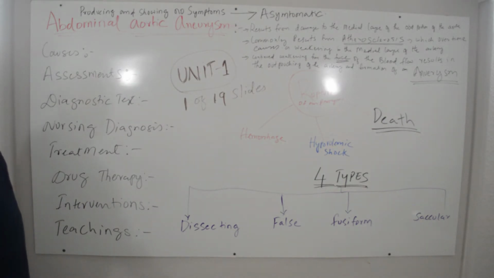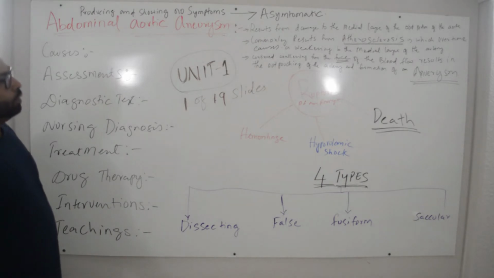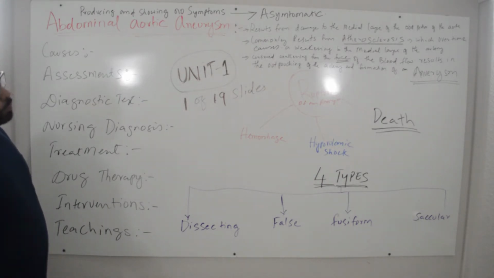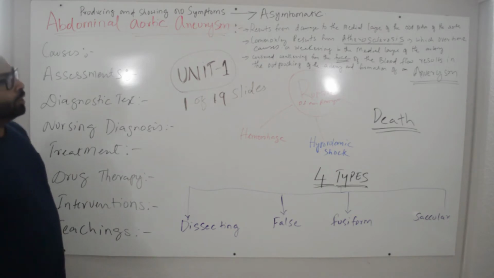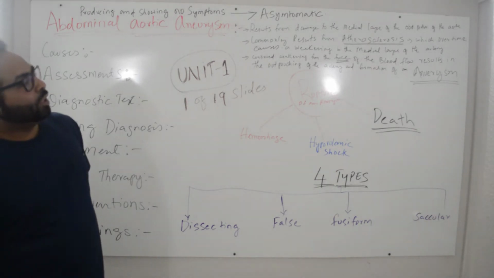Okay, so abdominal aortic aneurysm. This results from the damage to the medial layer of the abdominal portion of the aorta. It commonly results from atherosclerosis, which over time causes the weakening in the medial layer of the artery.